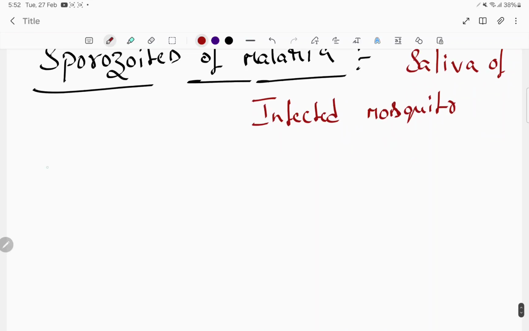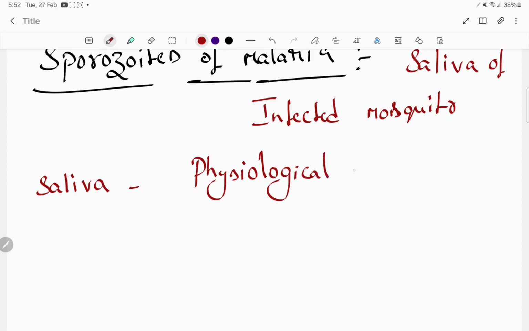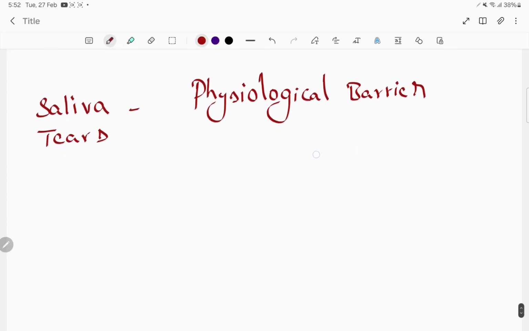So let's know about the barriers. Saliva and tears are physiological barriers.